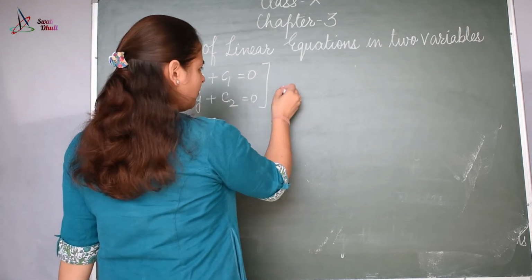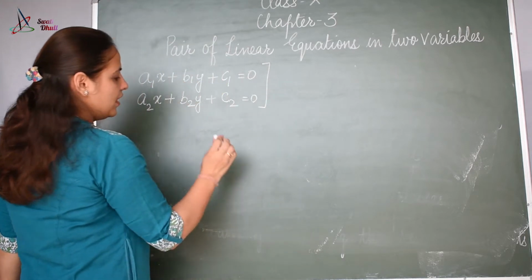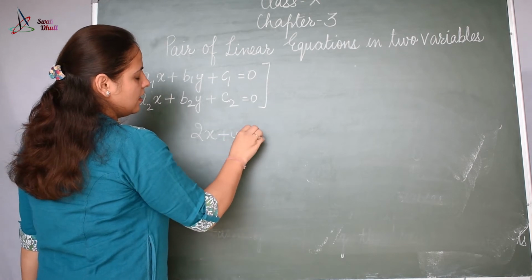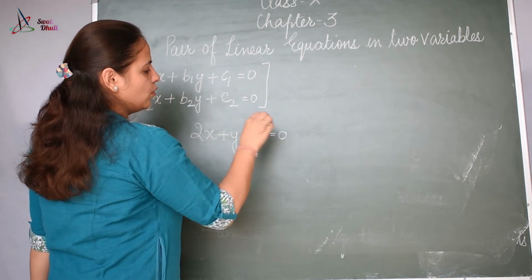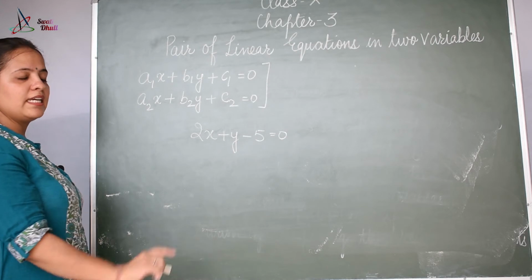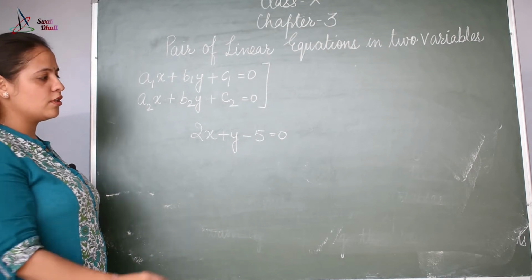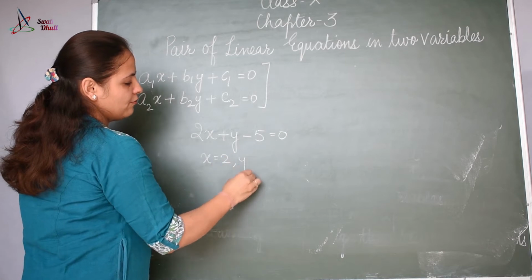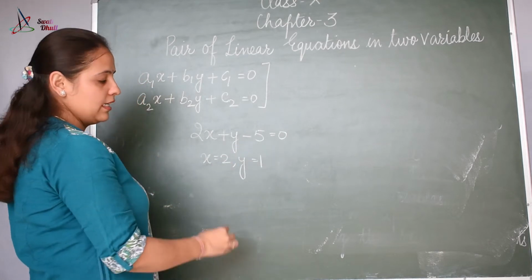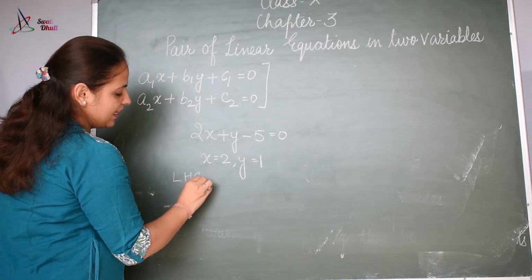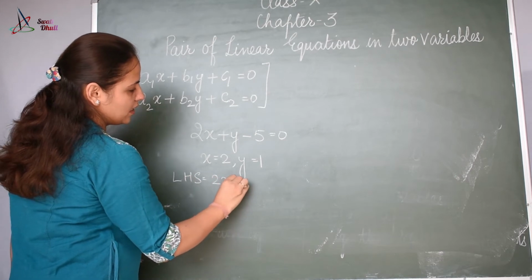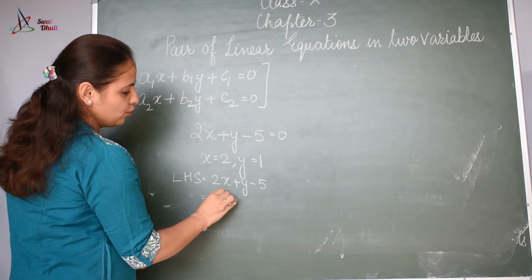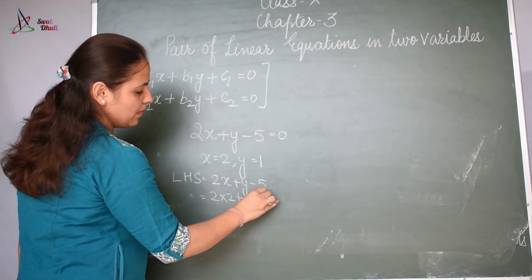Now let us say we have 2x plus y minus 5 is equal to 0. This is a linear equation in two variables. So if I have x is equal to 2 and y is equal to 1, so here if I'll take LHS, it is 2x plus y minus 5. So 2 into 2 plus 1 minus 5.